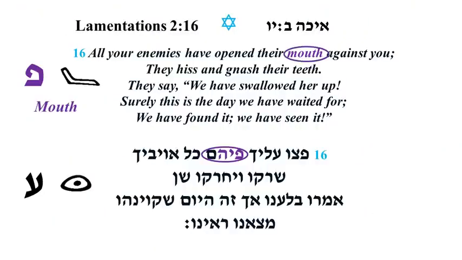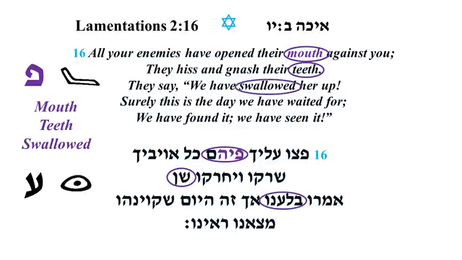In chapter 3, before we go, we'll just show you, Pei represents mouth. Ayin represents eye. And you can see in verse 16, it talks about the enemies have opened their mouth. They gnash their teeth. They have swallowed. We have swallowed her up.